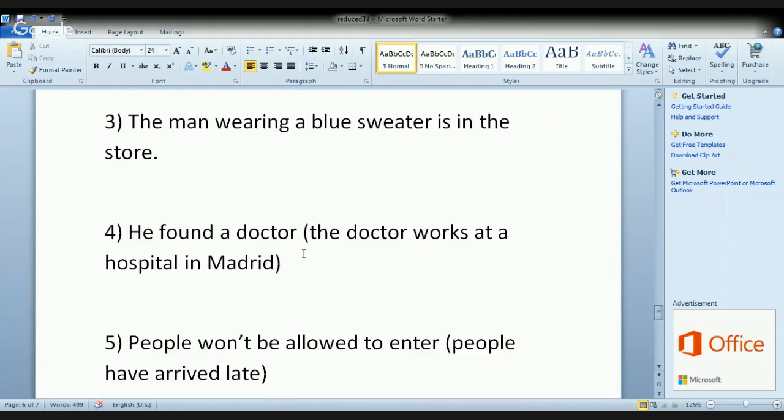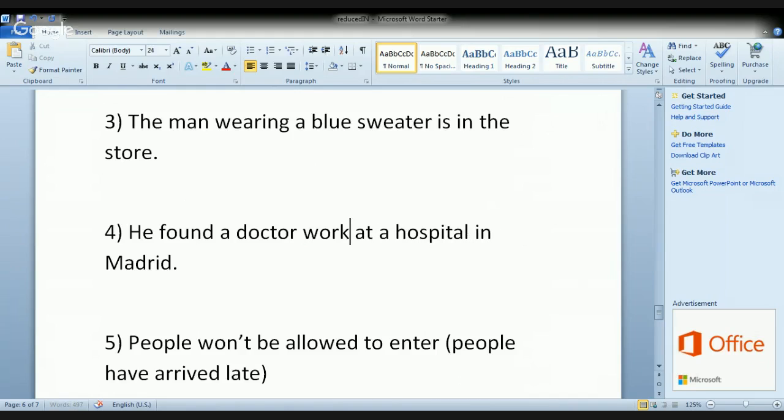Again, hopefully you're all following me. First, we'll start with the parentheses. He found a doctor. The doctor works at a hospital in Madrid. Well, doctor needs to be taken out. So he found a doctor who works at the hospital in Madrid would be the original relative clause, I should say.